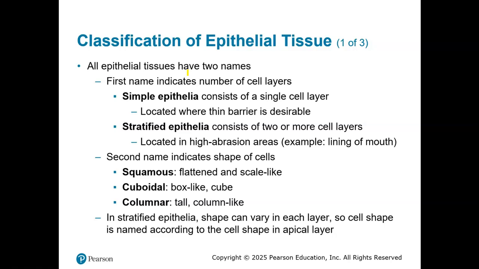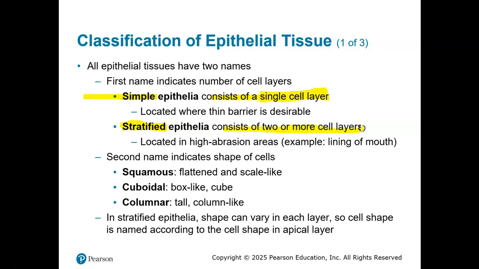Now, this is how we describe or classify epithelial tissue. We either call it simple or stratified. So epithelial tissue is either simple, that means it has a single layer of cells, or stratified. The word stratified means layers. So if it's called stratified, it has two or more cell layers.